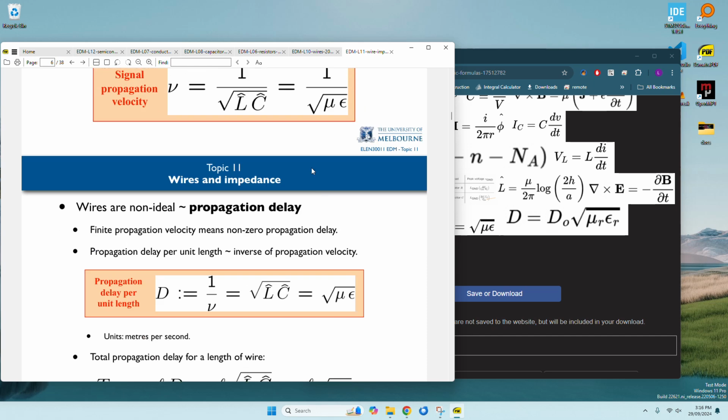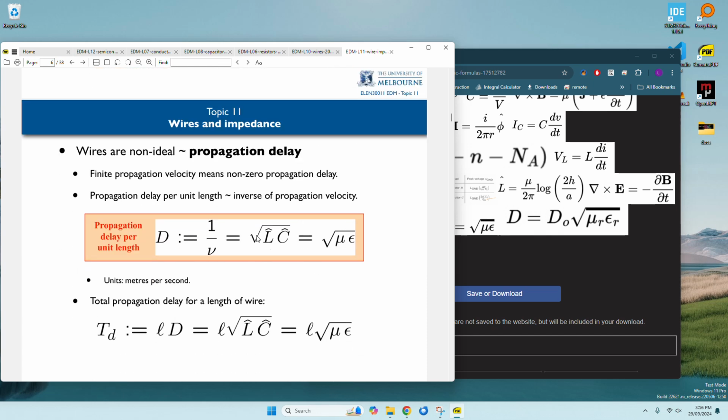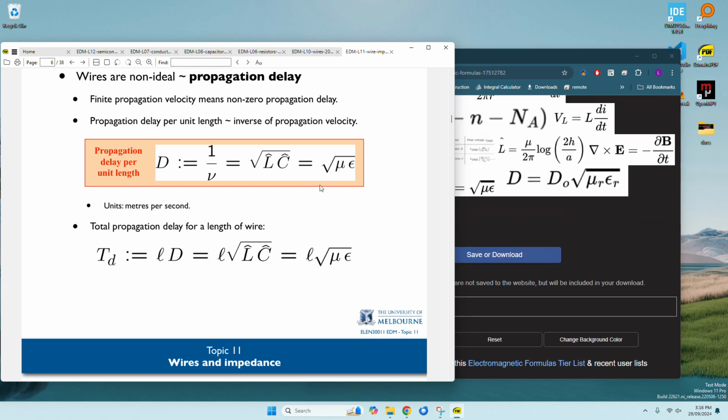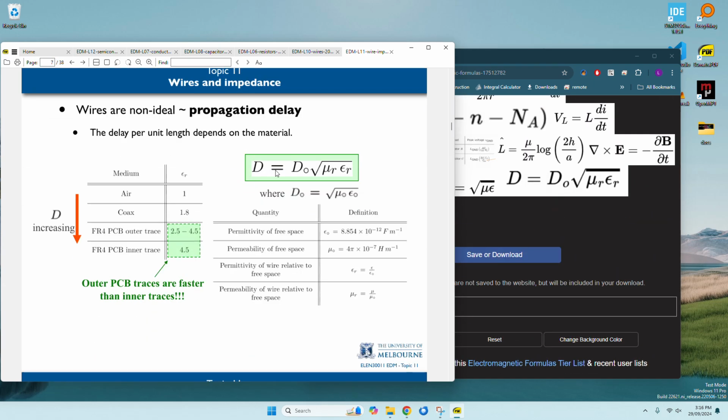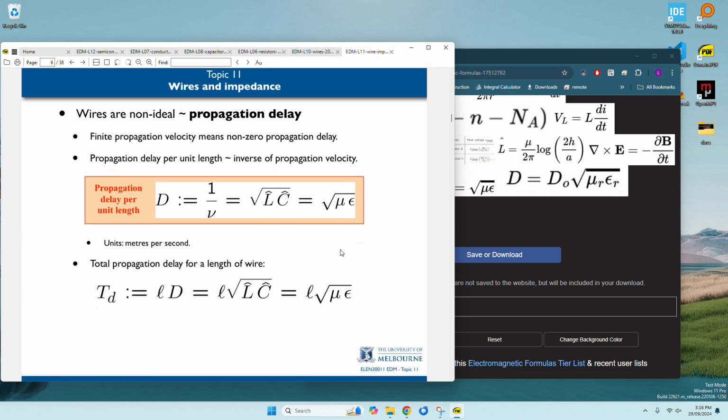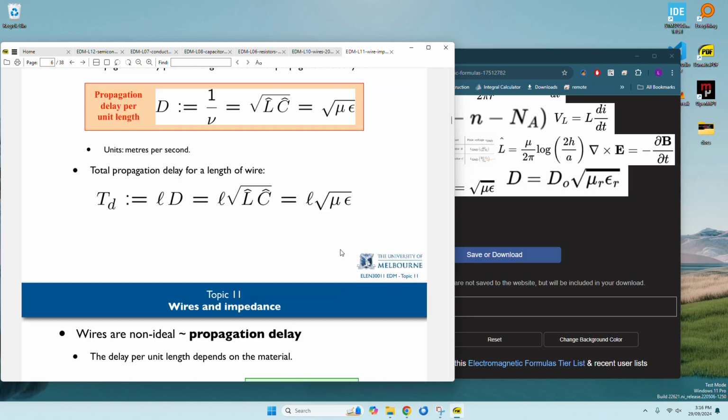That's just the velocity, it's just 1 over that. But how quickly the signal can rearrange within a magnetic and electrical pathway is given by these two values, which tell you what kind of material you're using. And this delay will tell you how quickly you can switch something.